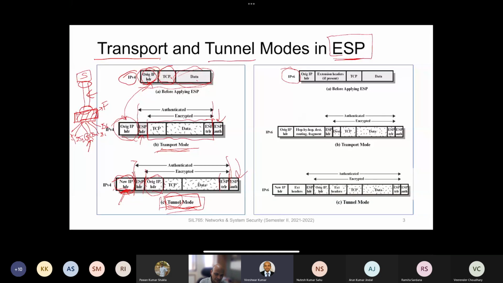Okay, so it will not know that this packet is actually going to D3. So once the packet is received by the firewall, the firewall will do authentication and decryption. It will extract the original IP header, and then the firewall will direct the packet to D3.